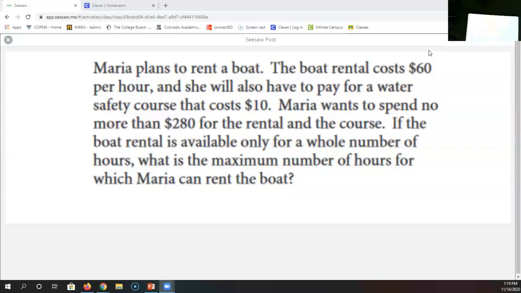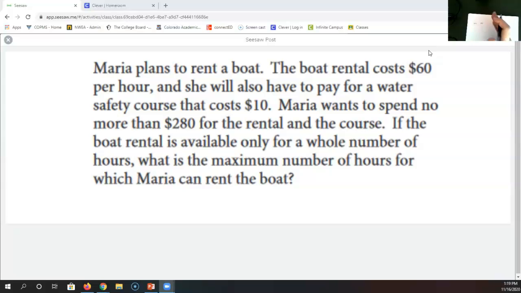Same thing with any type of word problem. You really want to filter through stuff. Okay, so the most important things that you can grab out are that the boat rental costs $60 an hour. She has a $10 flat fee for the course, and that's regardless if she even rents the boat.